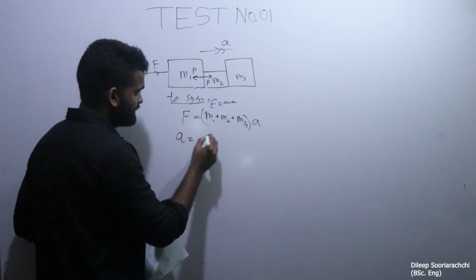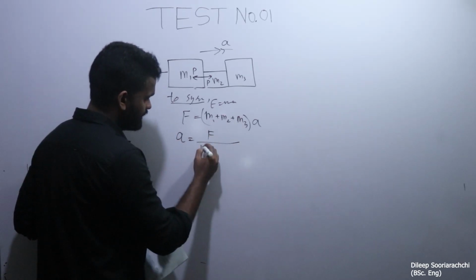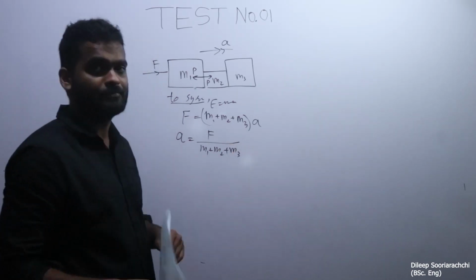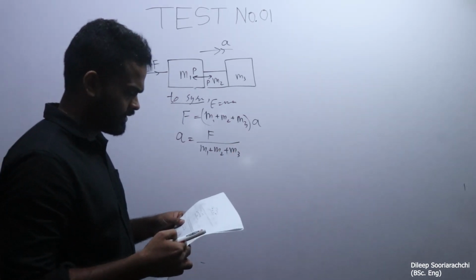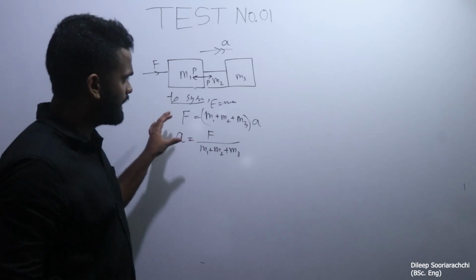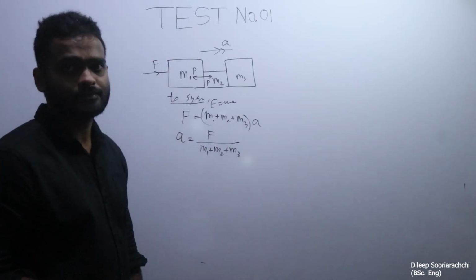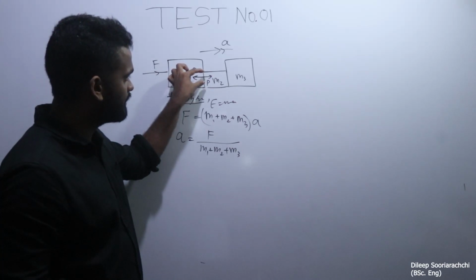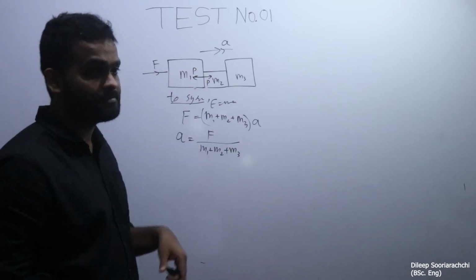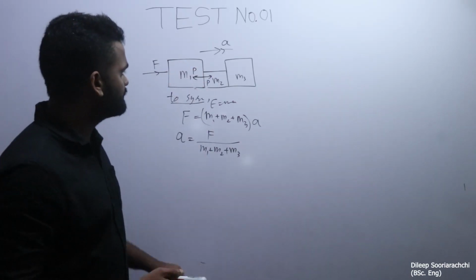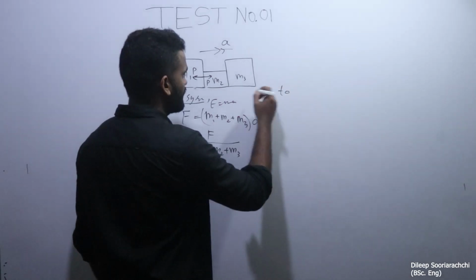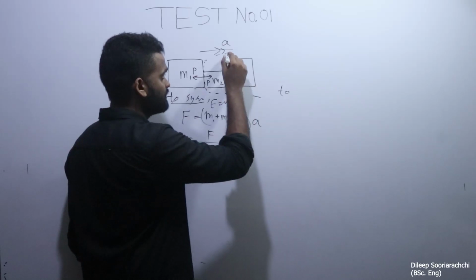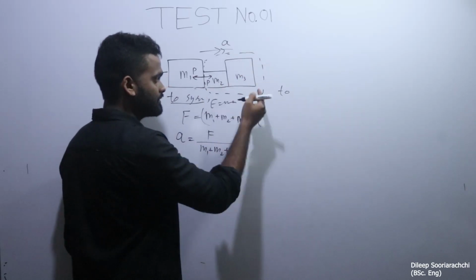Then simple a is equal to F divided by M1 plus M2 plus M3. Okay, now we found the acceleration of the system. What we need is to find the normal reaction, that is P. Then I'm applying F equals ma to this part only.